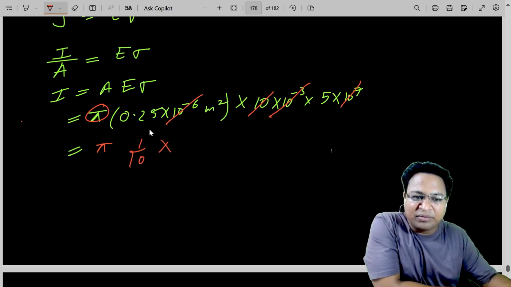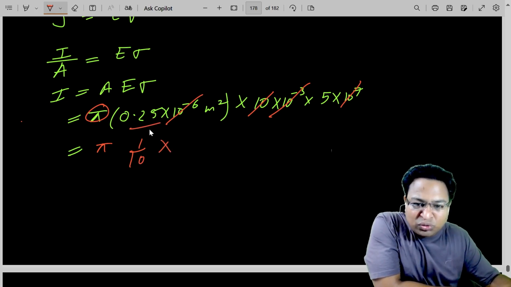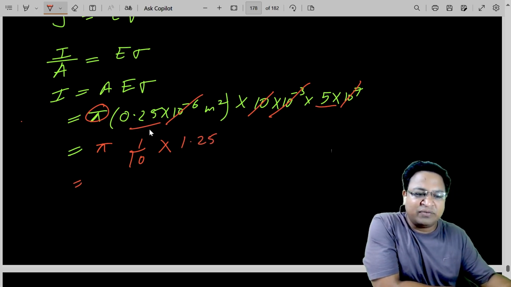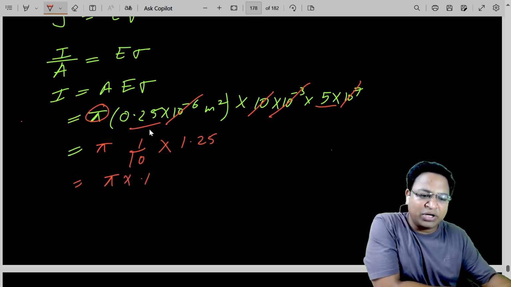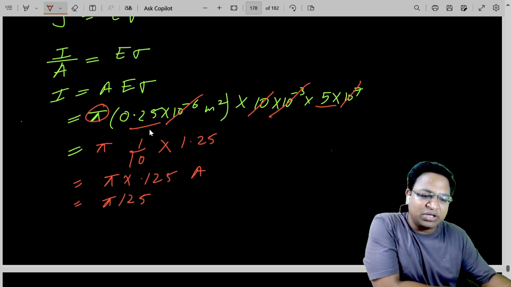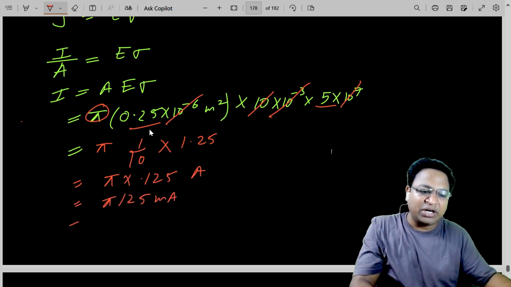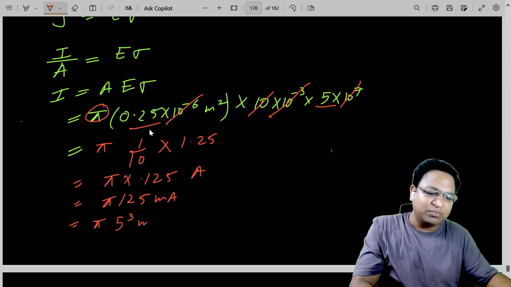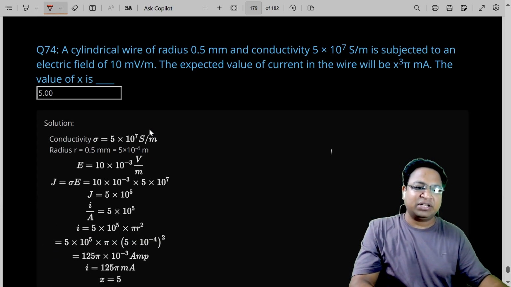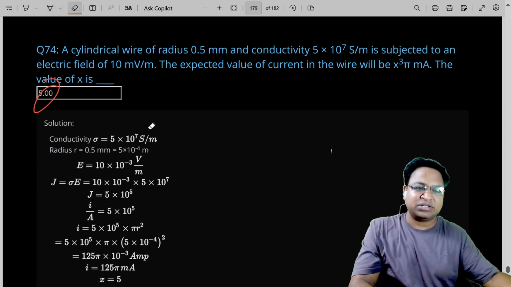Now 0.25 into 5 is 1.25, or in other words, it is pi into 0.125. Now this is ampere, so pi into 125 milliampere, or we can write it as pi into 5 cube milliampere. And now if you compare it with this, x is 5. We get the value of x is 5. So that is the correct answer.